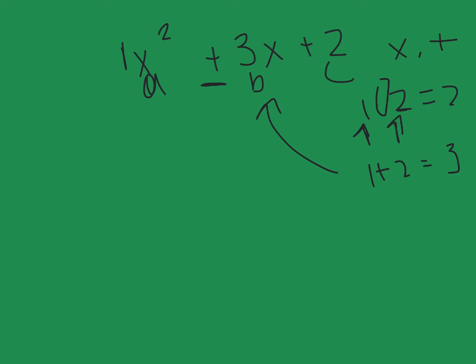But we can find numbers like negative 1 times negative 2 equals 2, positive. So negative 1 plus negative 2 equals negative 3. So you can always modify these numbers as long as it gives you the answer of these two numbers we're multiplying, and it gives you the answer for this when you add them up.